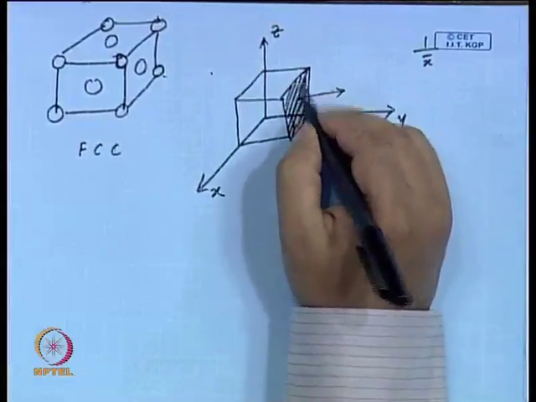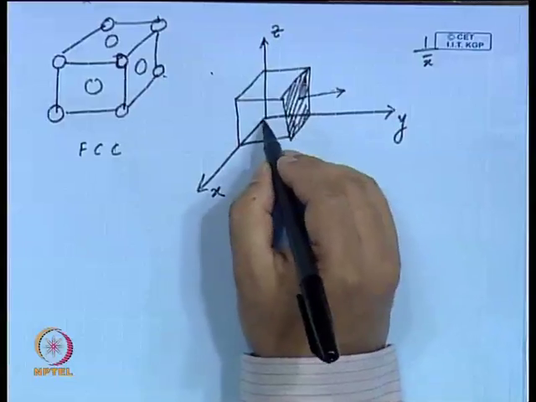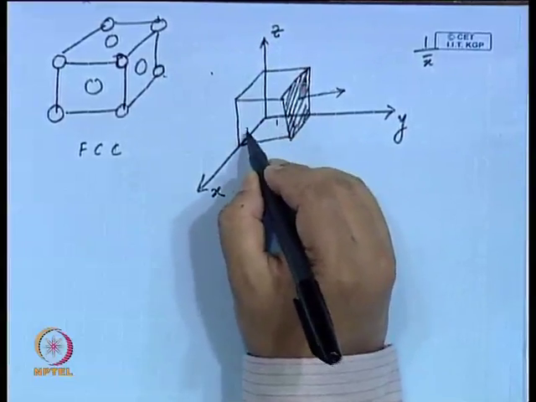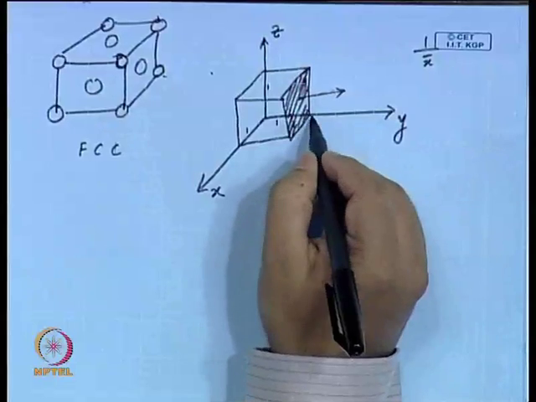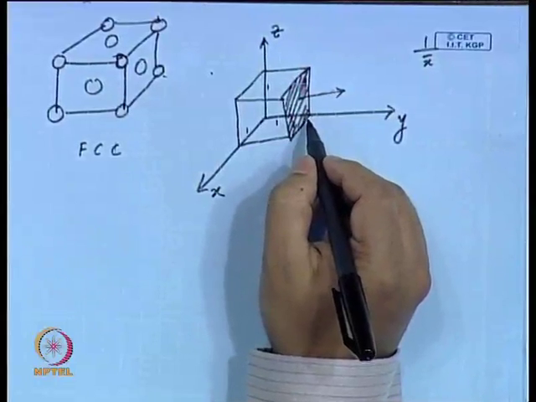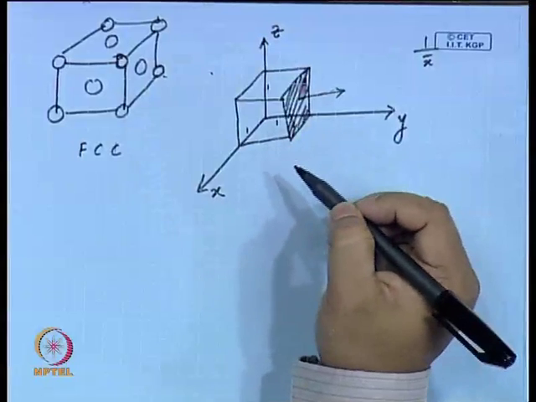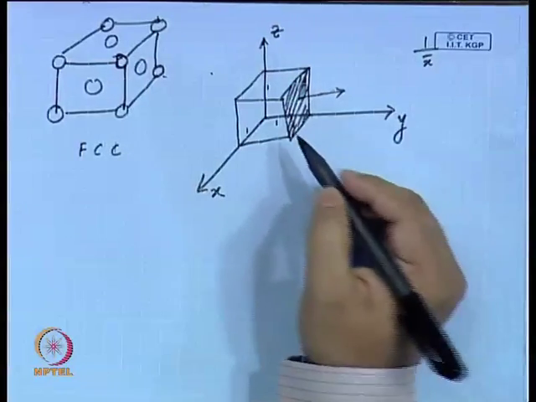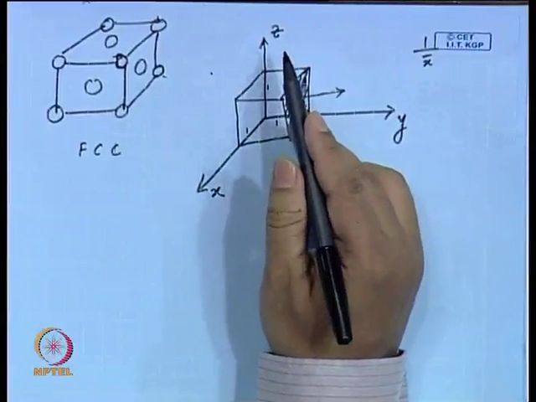So, this plane cuts the y axis. Suppose this dimension is 1, this dimension is 1, and this dimension is 1. This plane cuts the y axis at a distance 1, and at what distance does it cut the z axis, or at what distance it cuts the x axis? This never cuts the x axis, because this is parallel to the x axis. This never cuts the z axis, because it is parallel.